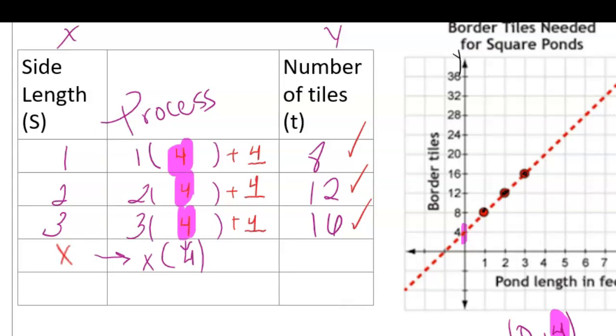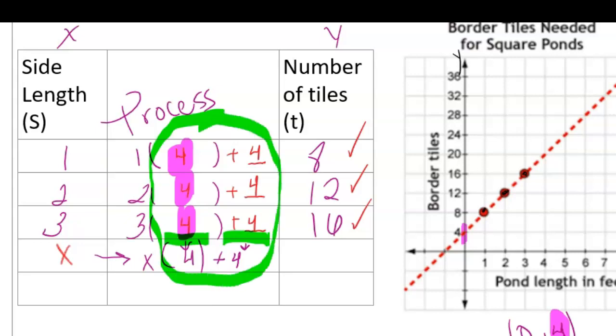And don't forget to bring down that plus 4 because it's needed, and it goes side by side with the 4, which is the COP. So make sure that you get this down on your paper, and know that when you bring the COP down, you have to bring the whole thing down with it. You guys don't want to miss those points on a test.